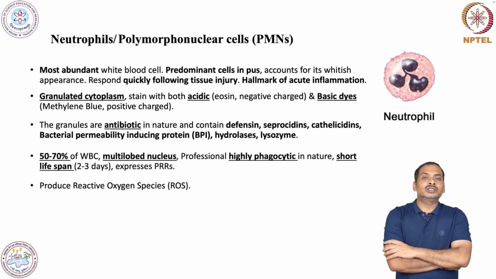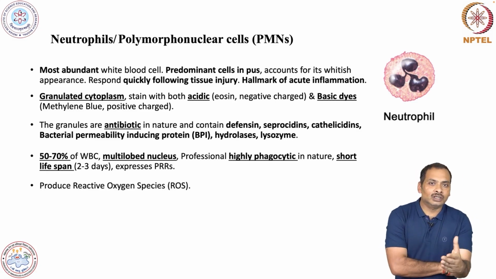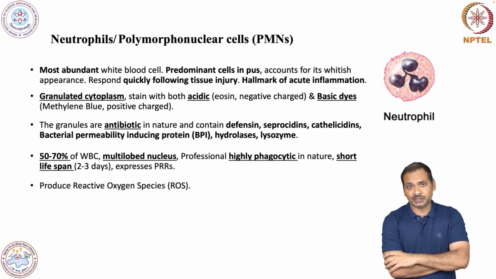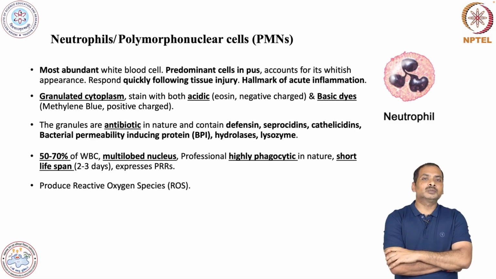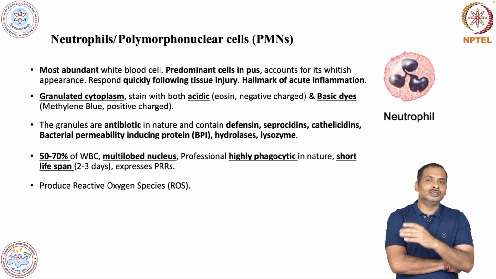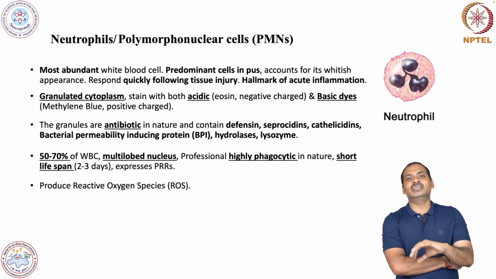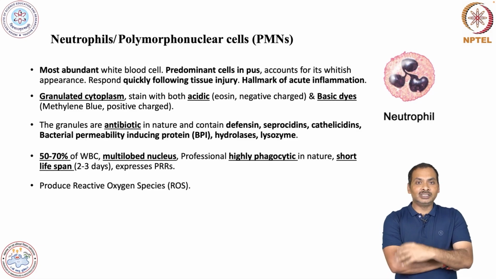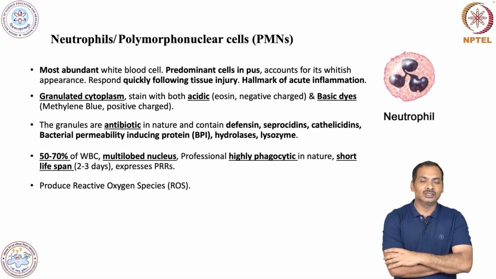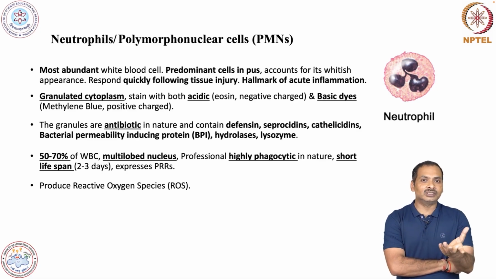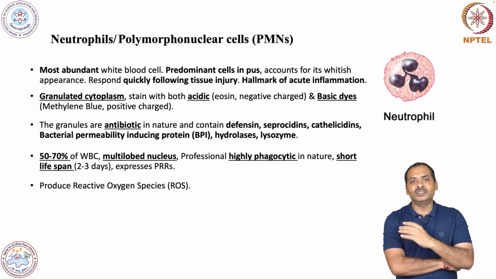They produce the most fatal weapon, that is reactive oxygen species. This reactive oxygen species can react with anything, and you can imagine that it is produced inside the neutrophil, and if the pathogen comes in contact with it, then it will definitely die.